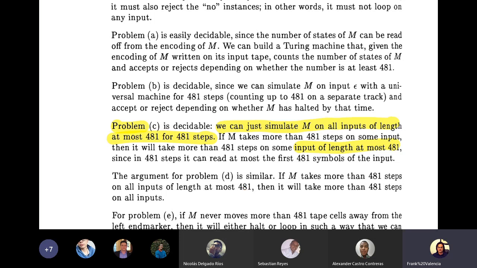And of course, how many inputs? I mean, this could take forever, right? But that's another question. How many inputs of size 481 do you have on a binary alphabet? Exactly, 2 to the 481, and that's a huge number, right?